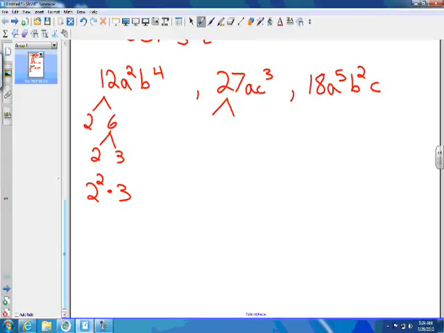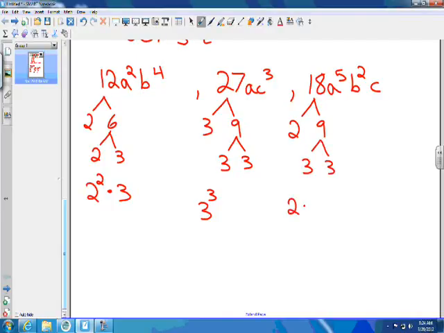Take a 3 out. So you'd have 3 times 9 and 3 and 3. So that one would be 3 to the third. And you do the same for 18. Take a 2 out and you have 9. Split that up and you'd have 3 and 3. So that one is 2 times 3 squared.